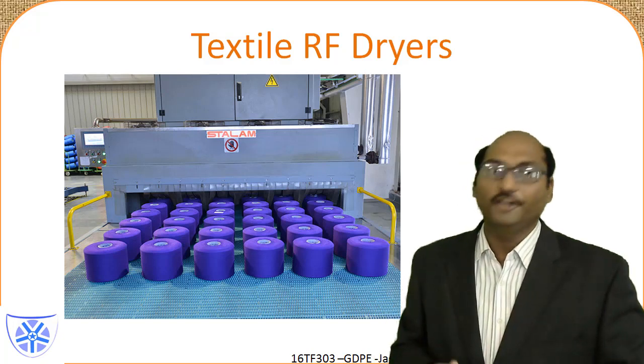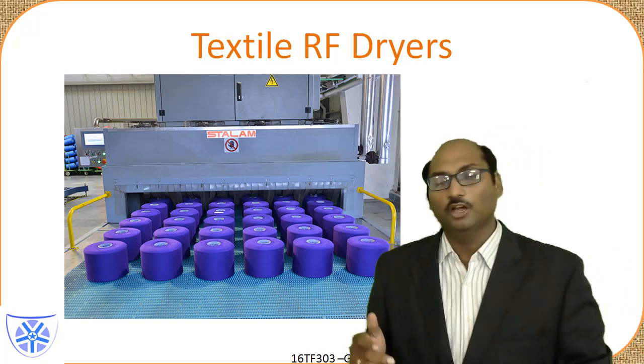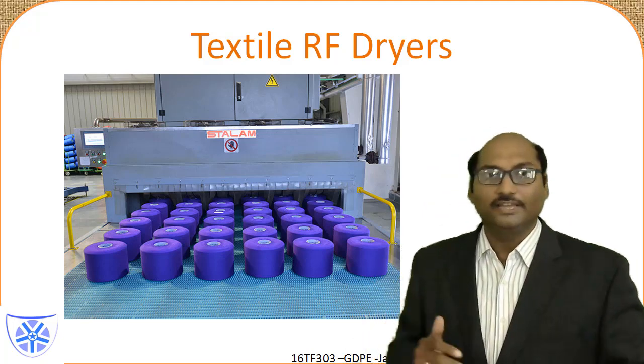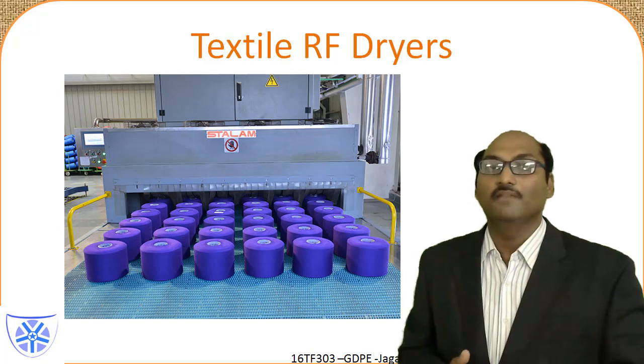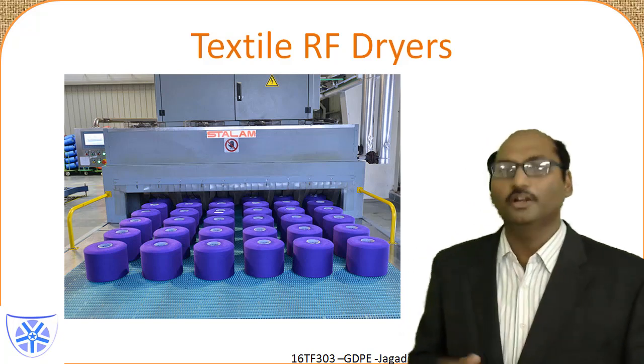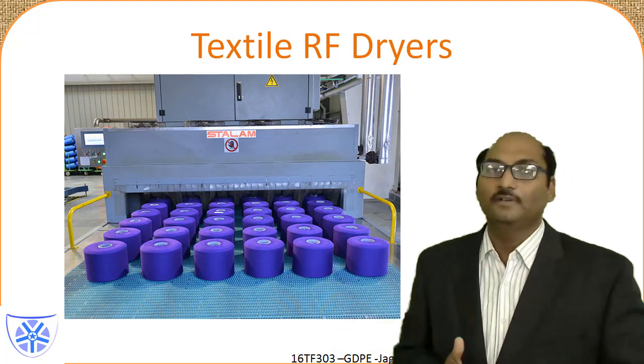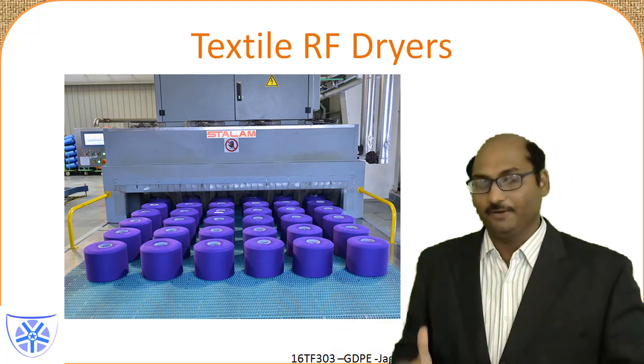But in future, it might come up with low capacity or less expensive machines may be available in RF dryers, so the market might change. So this is the future of textile drying.